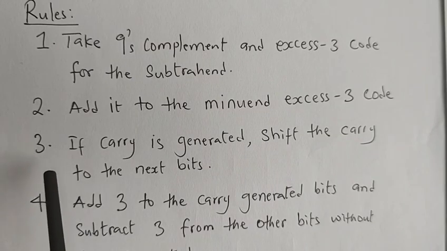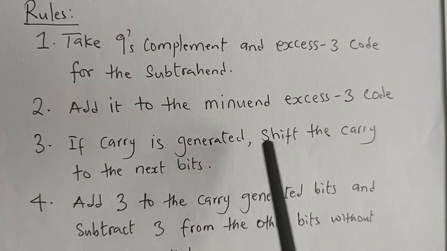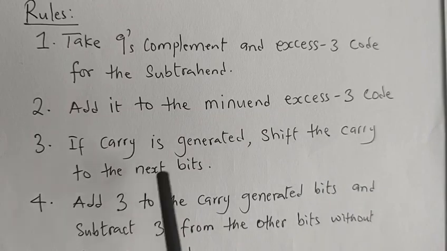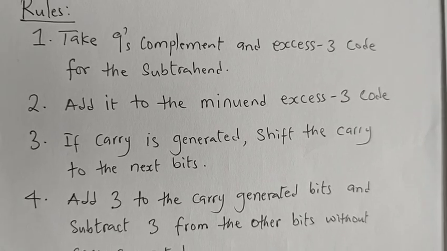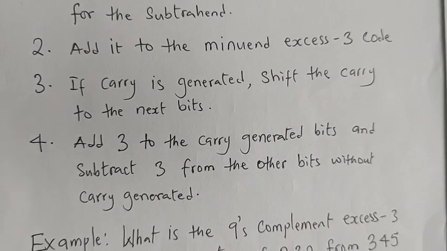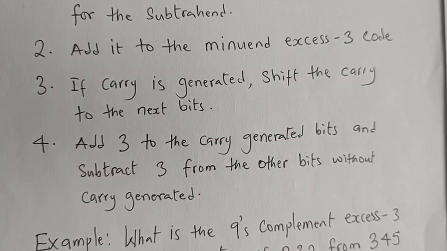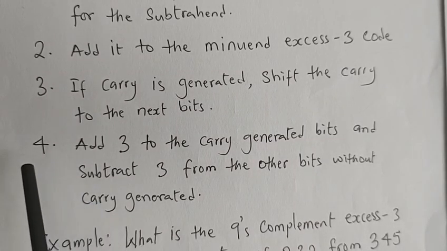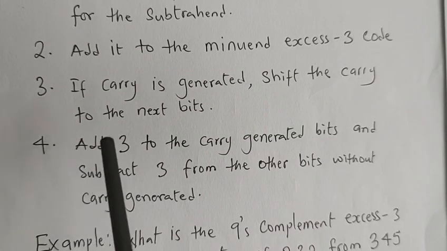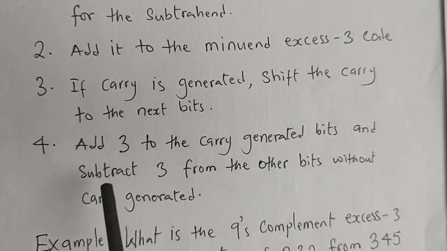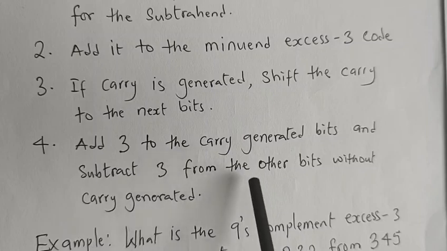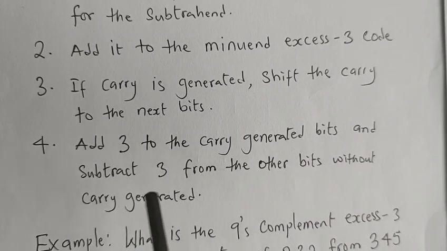Rule number 4, if carry is generated, shift the carry to the next bits. Rule number 4, add 3 to the carry generated bits and subtract 3 from the other bits without carry generated.